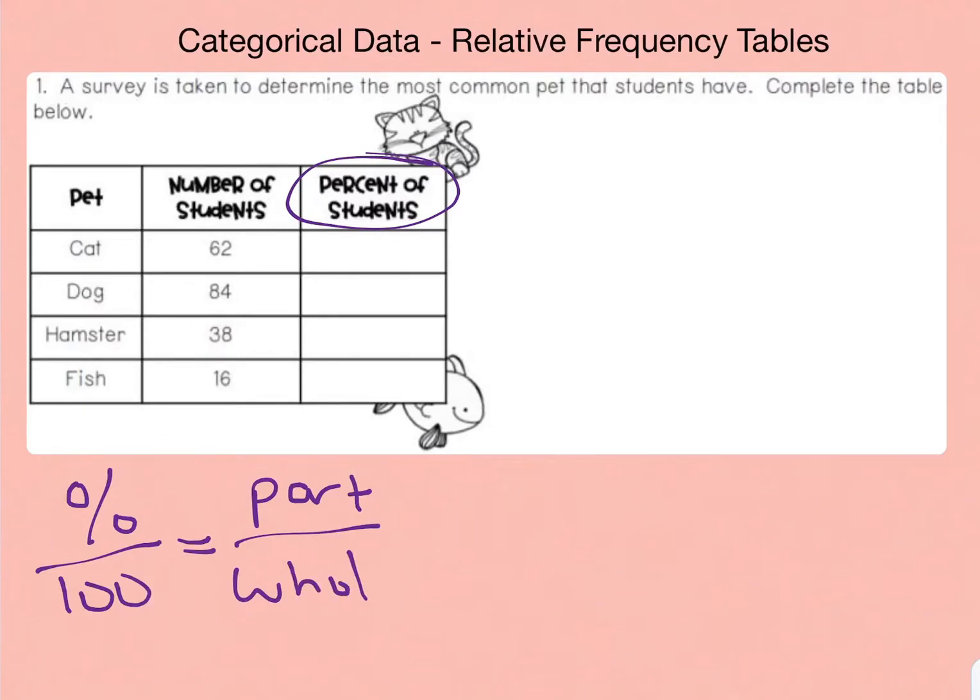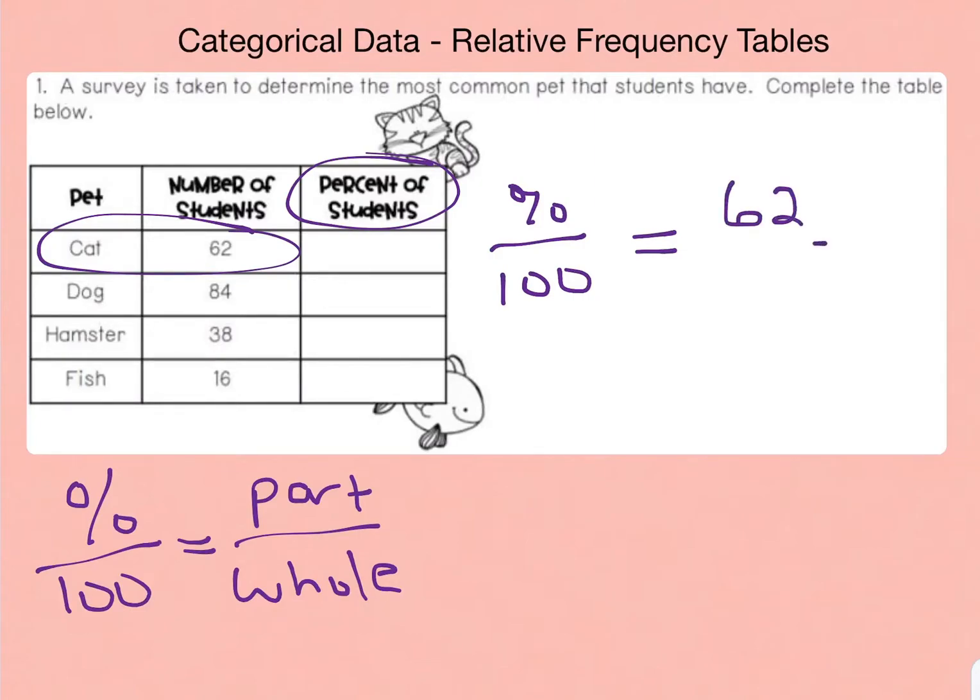Let's go ahead and look at the first one. The first one are cats. 62 students chose cats. We want to know what percent of the students this makes up. So let's go ahead and start filling out our proportion. I always like to put the 100 first because that part always stays the same. We know we're looking for the percent here, and we know the part is 62.